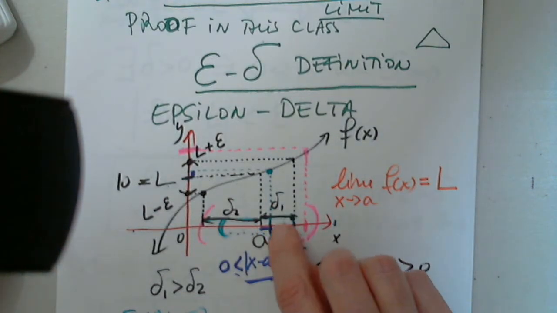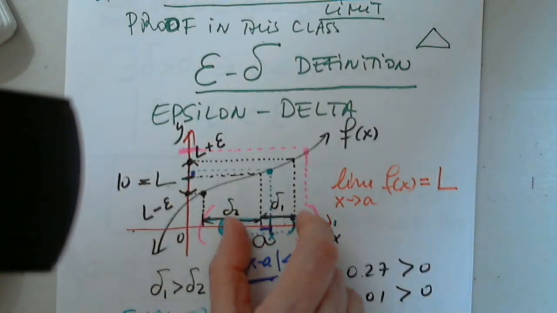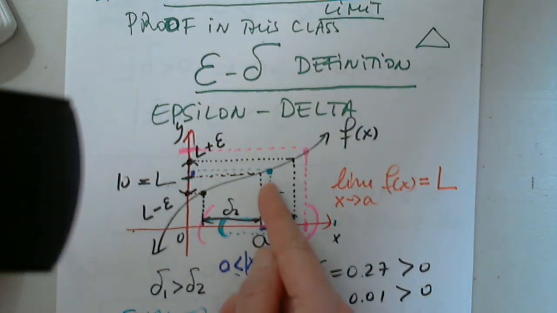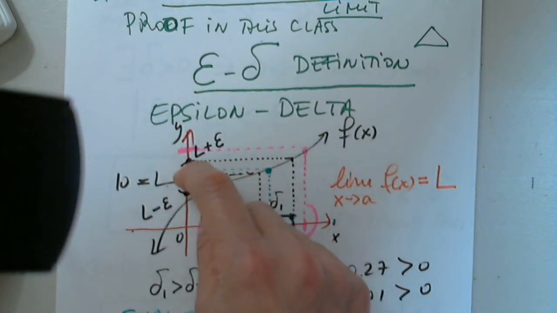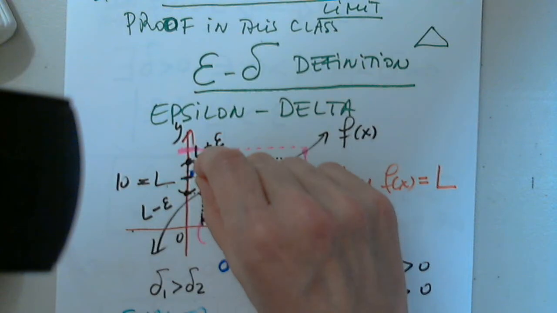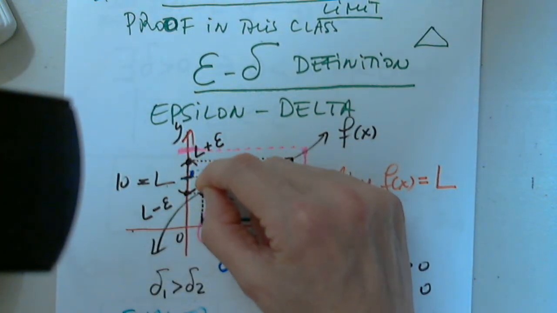The distance between x and a is expressed as the absolute value of x minus a. That's the only way to present a distance. It is smaller than delta, not bigger than delta, such that f of x will fall close to L, but the closeness is presented as a distance, the distance between f of x and L.